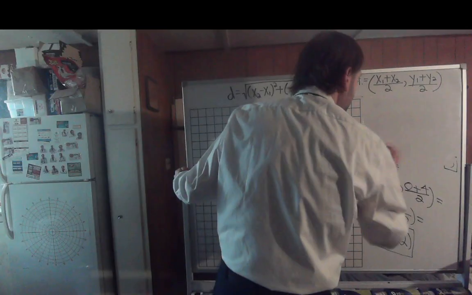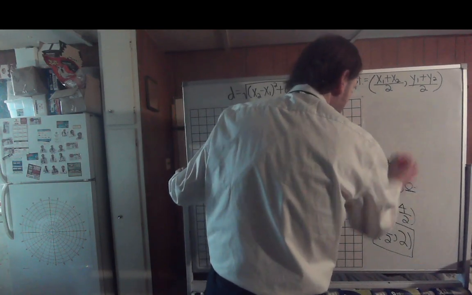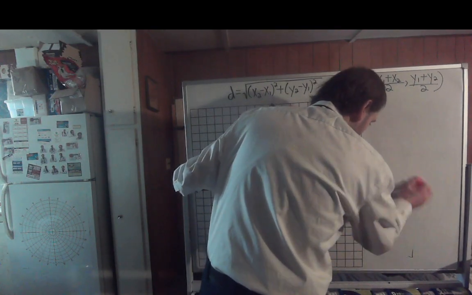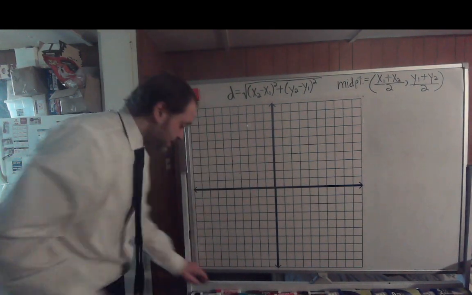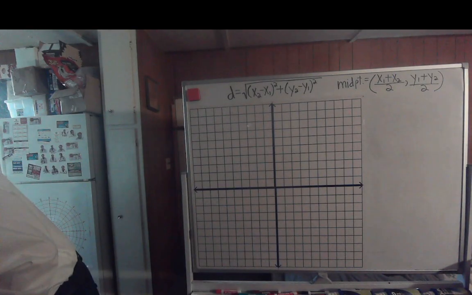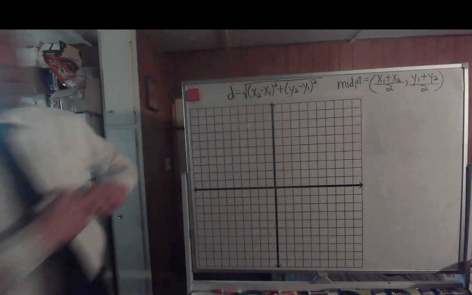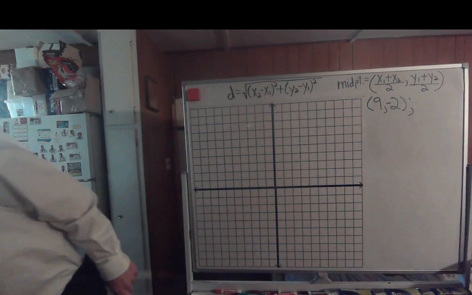I'll do 2 more points and then we'll move on to some applications. All right, what if, let's see, this time we got the points 9, -2, as well as 3, 6.